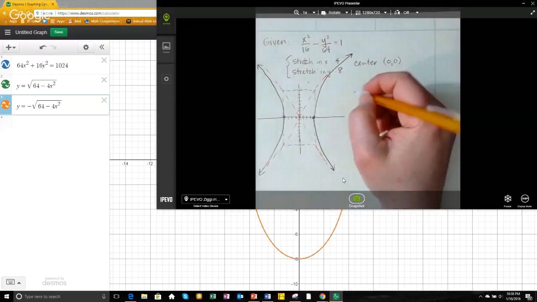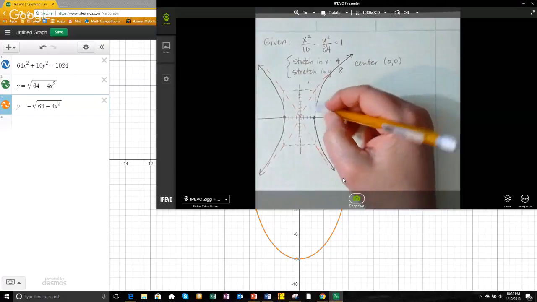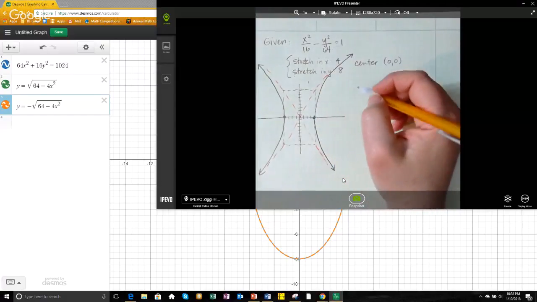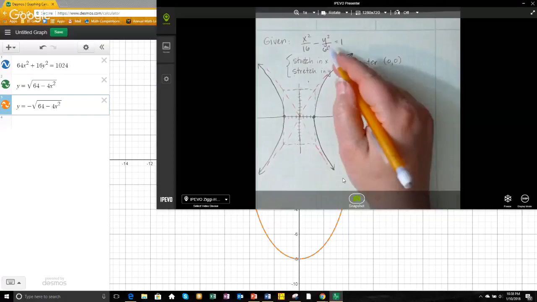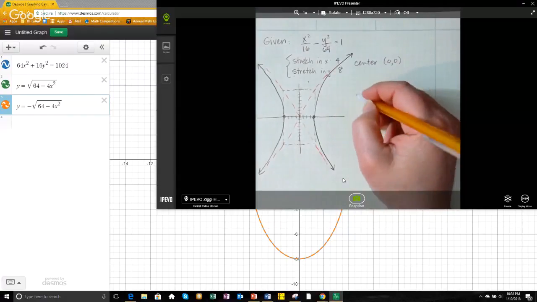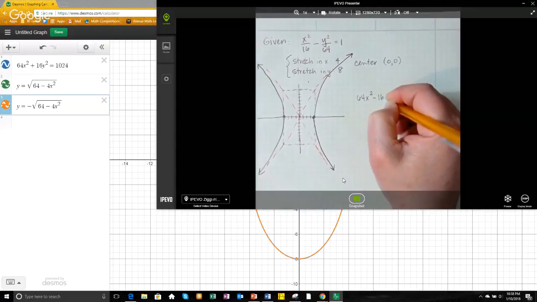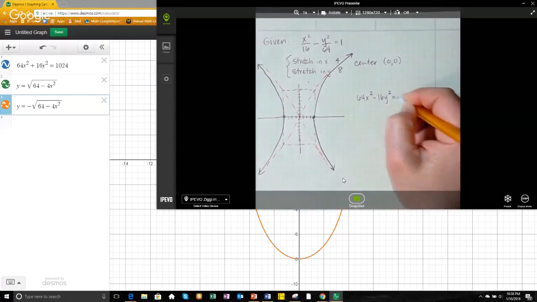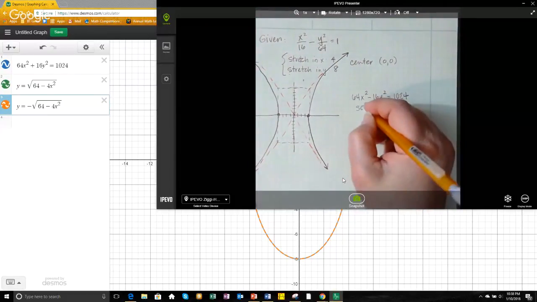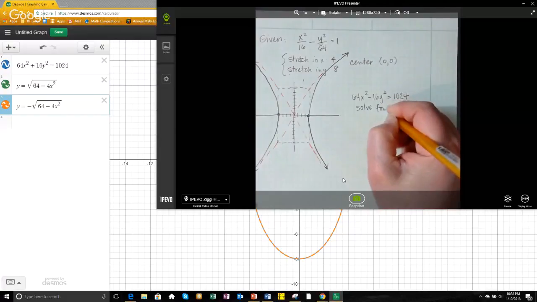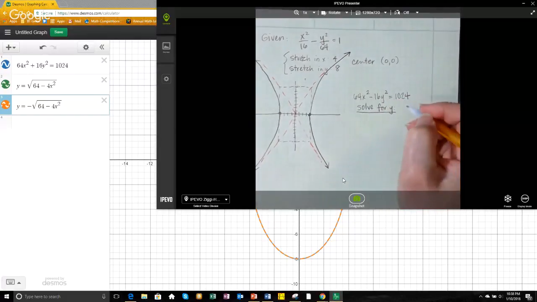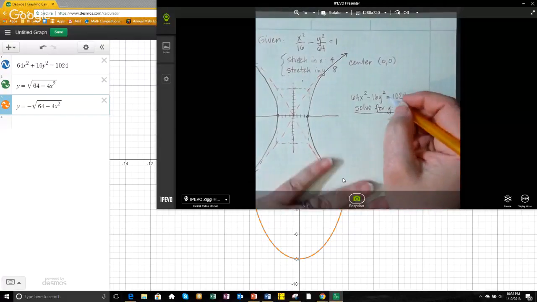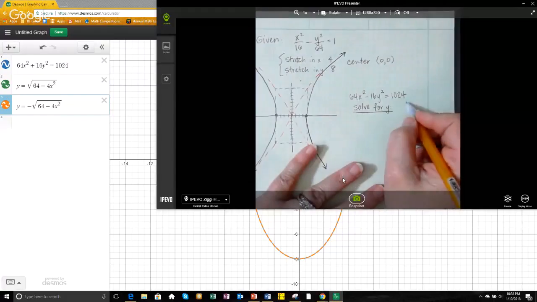Well, there are two given. This is an implied function, or an implicitly defined equation. So if I started again with 64x squared minus 16y squared equals 1024, and I solved this for y, I'm going to move the 16y squared to the right.